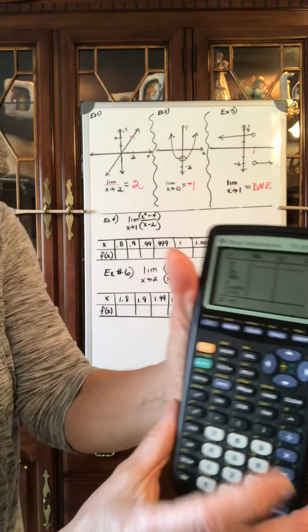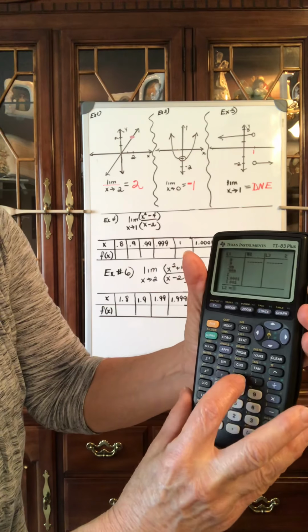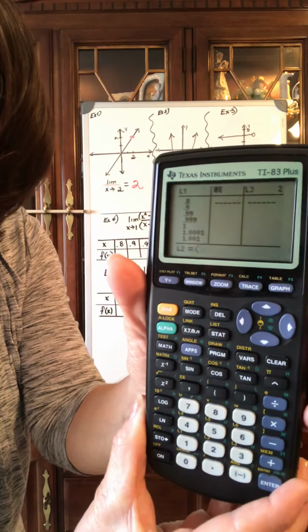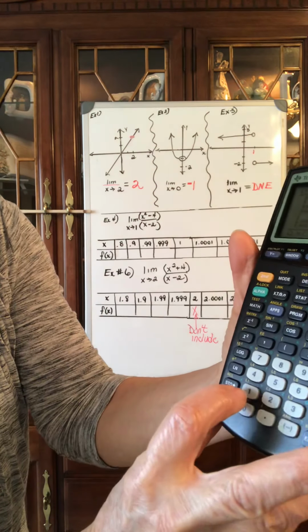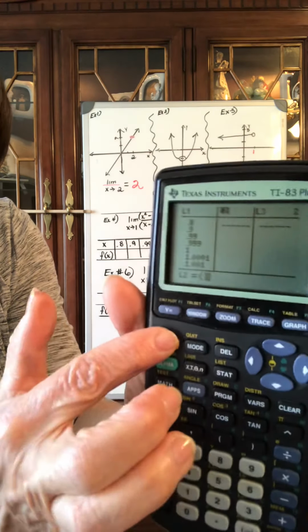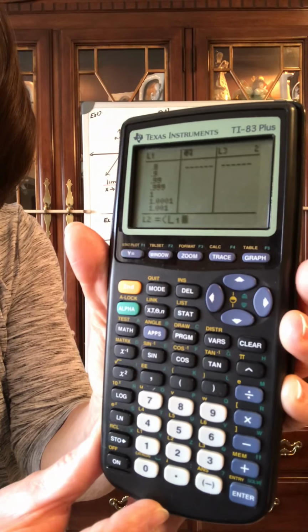Because the top and the bottom are both binomials, I need to start with a set of parentheses. I want my L1 values. My L1 is above the number 1, so I'm going to hit second with my number 1. Do you see how it says L1?